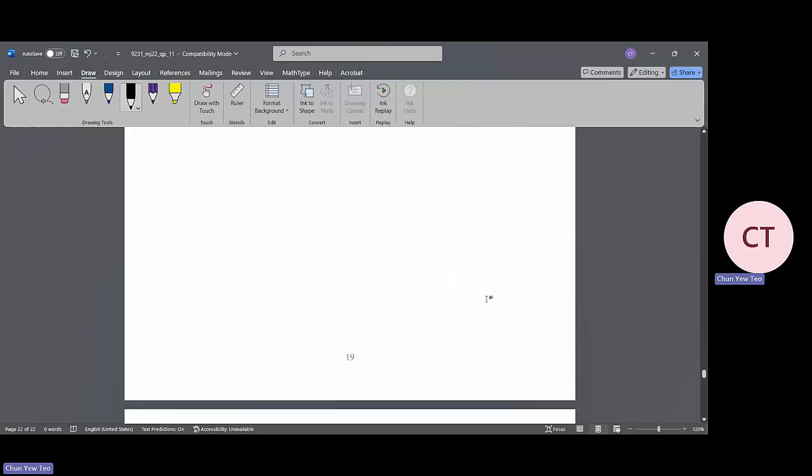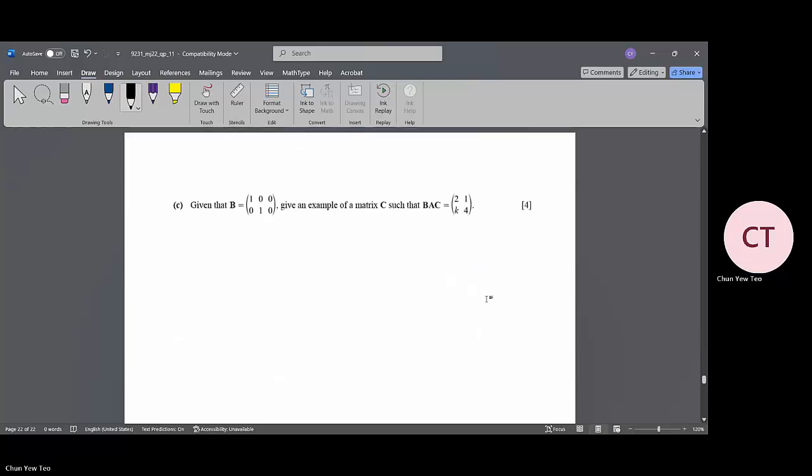And now we move on to the part C. So part C is that we know that this dimension is 2 by 3. This dimension is 3 by 3. So what is this dimension in order to get the 2 by 2?